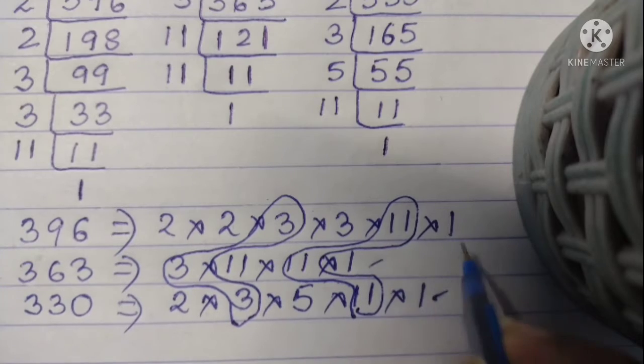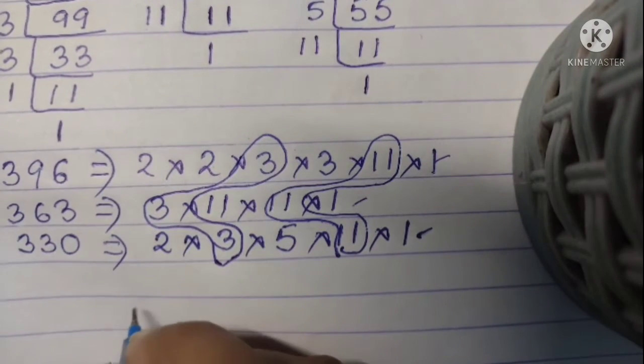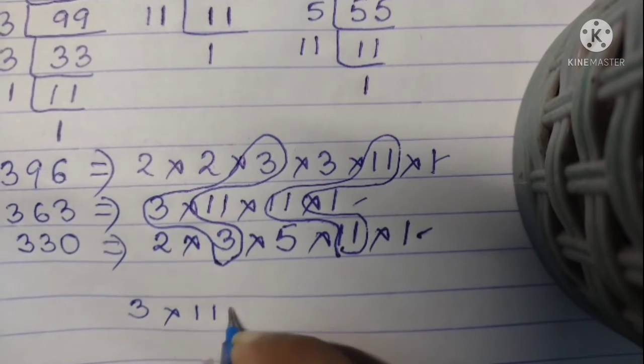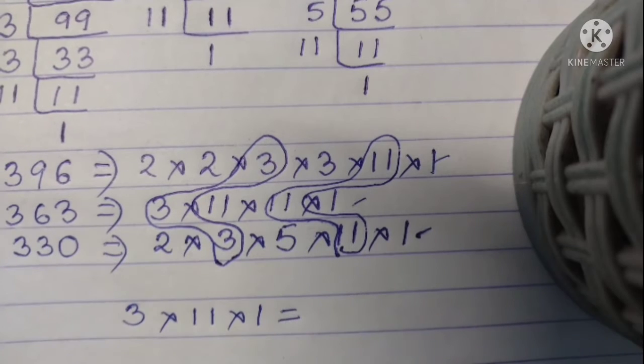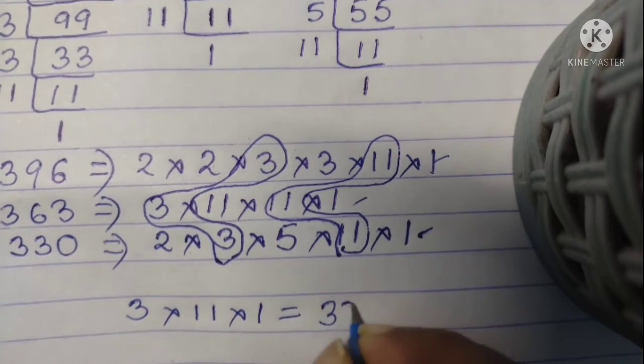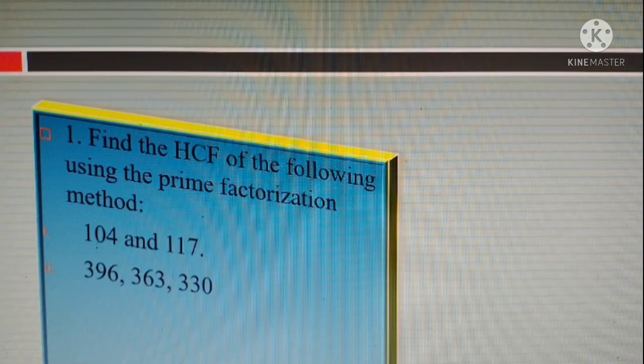Here is 1, here is 1, and here also. So 3 into 11 into 1. What is the product? Obviously 33. So the HCF is 33.